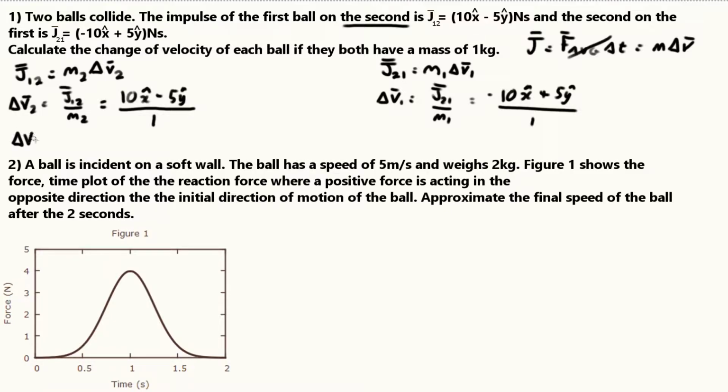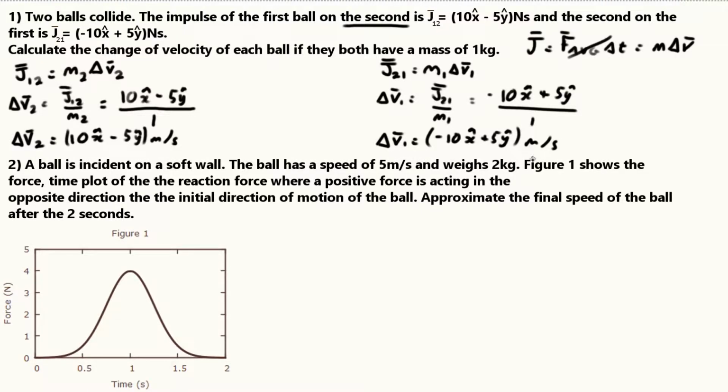And so we get the change in velocity for ball 2 is 10x hat minus 5y hat meters per second, and the change in v1 is going to be equal to minus 10x hat plus 5y hat meters per second.